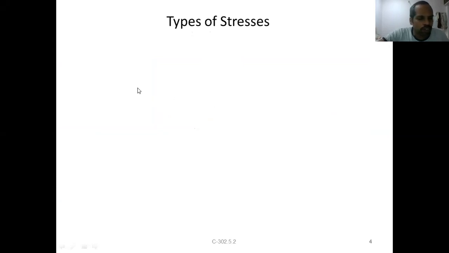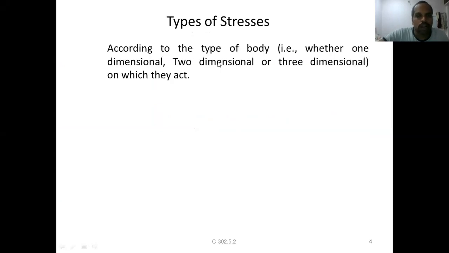Now coming to today's topic: types of stresses. What are the different types of stresses? According to the type of the body, whether one dimensional, two dimensional or three dimensional on which they act.